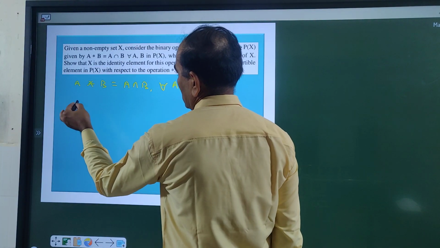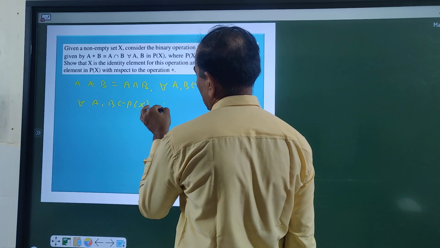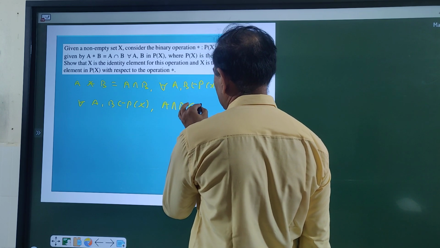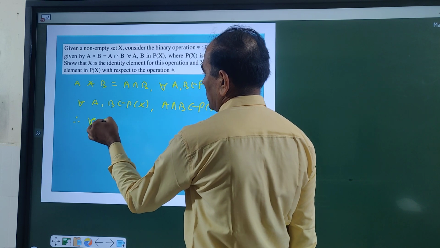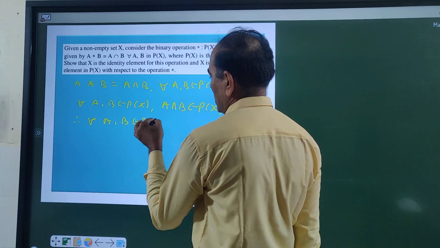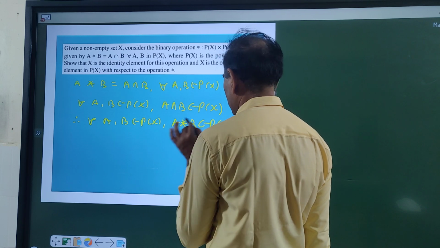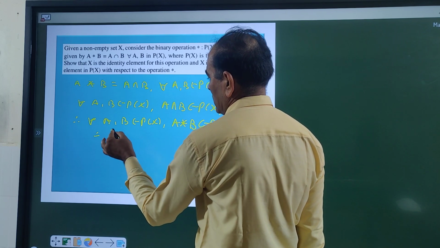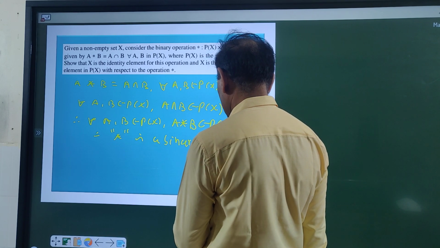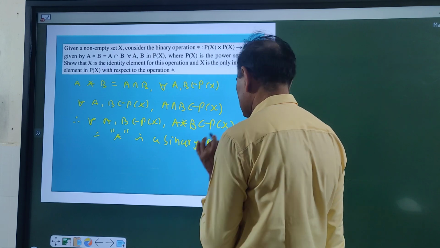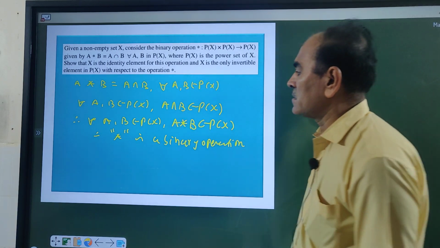For all A, B belongs to P(X), A intersection B is also in P(X). And therefore, for all A, B belongs to P(X), A star B belongs to P(X). And therefore, star is a binary operation. Of course, here it is given, but if they ask to prove that it's a binary operation, then we can prove it in this way also.